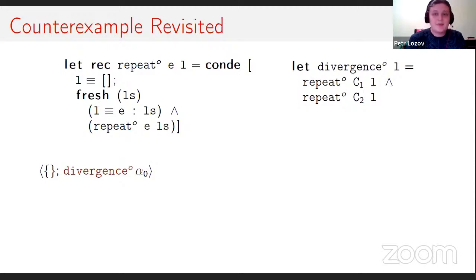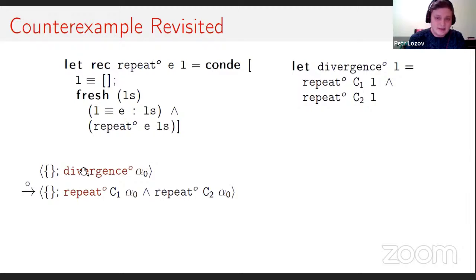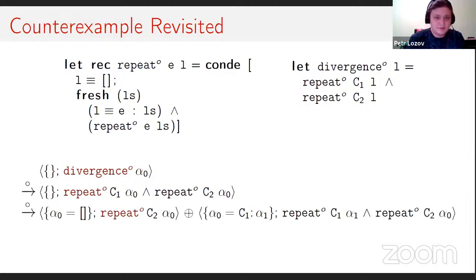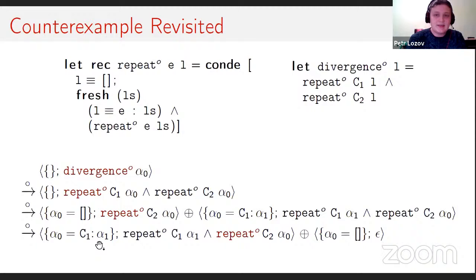But at the same time, we have another order of evaluation. The first few steps are the same as in the previous evaluation. But at this step, we can choose the right conjunct instead of the left one.